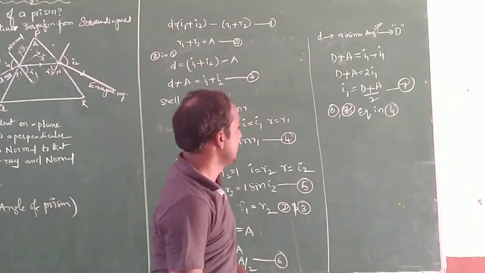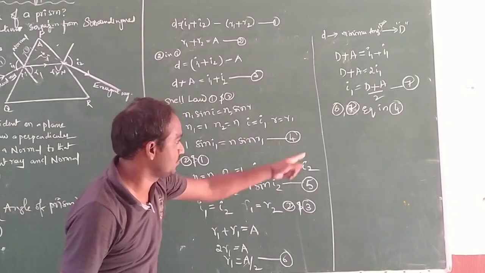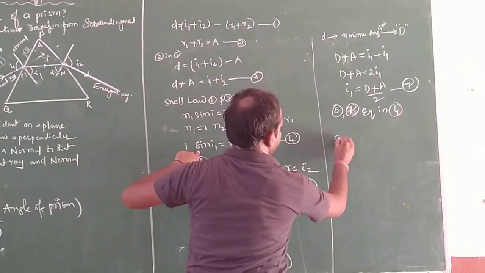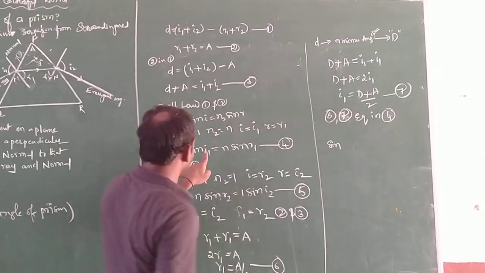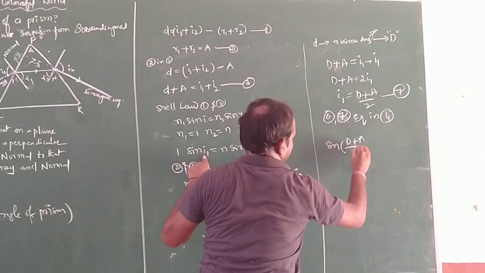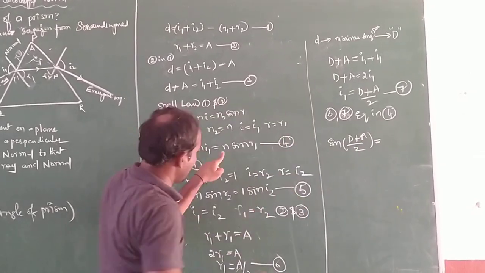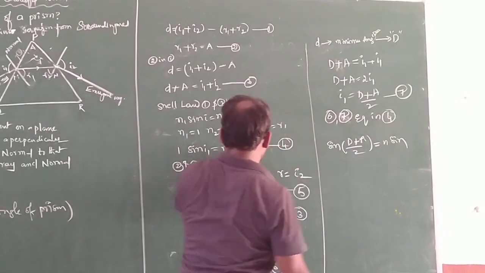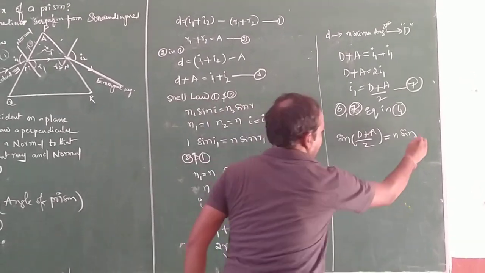Substituting the values of equations 6 and 7 in equation 4, what are we getting? Sin i1 is sin of D plus A by 2, which according to Snell's law is equal to n times sin r1, which is sin A by 2.